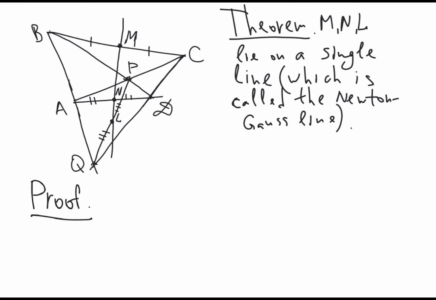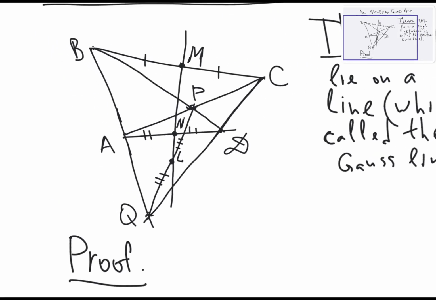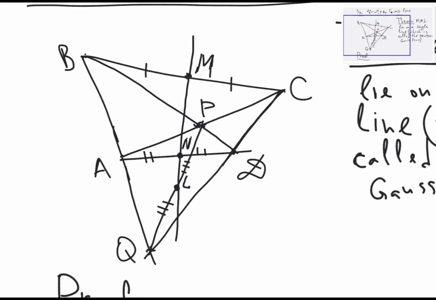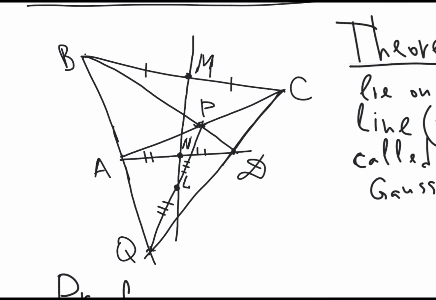So we introduce several more midpoints. In particular, we introduce the midpoints of this triangle. So let me highlight this triangle, BAP, and there are other ways to make the same argument.